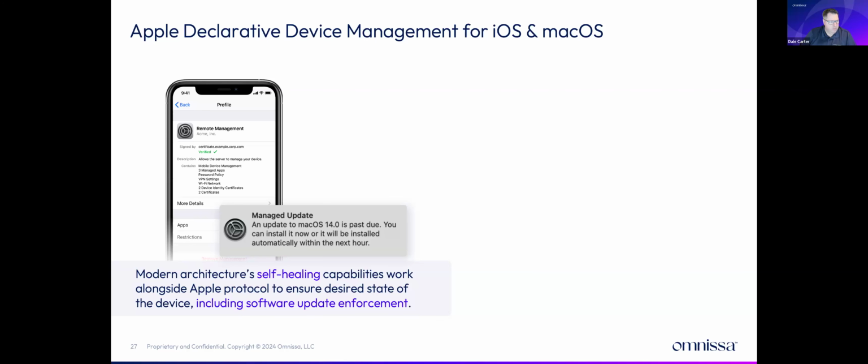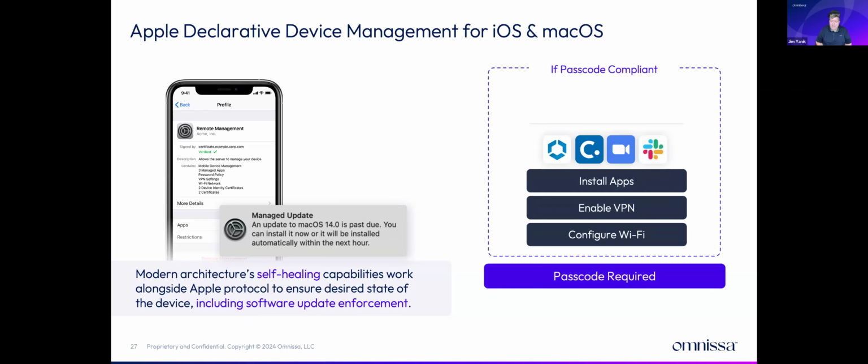Yep. So a lot of the way we work right now with the way modern architecture works, especially on mobile devices, is we can push out an entire package and potentially not activate it until you're compliant with something. So in this example, if I set my passcode, I've already sent you the entire package for Wi-Fi, VPN, a set of applications, and once you're compliant with that passcode, we turn it on, and the device constantly looks at this.